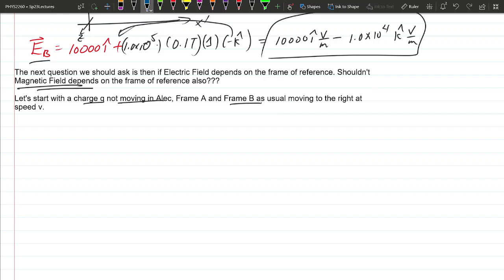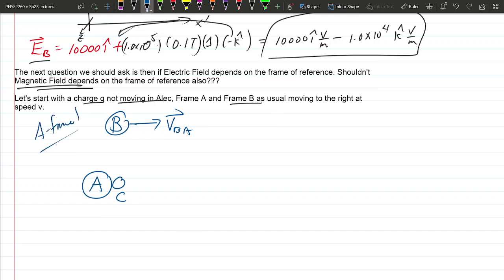So let's say we have Alex, holding some charge C. It's not moving, but Brittany is once again running along with velocity VBA. This is in the A frame. In this case, there are no charges moving, and therefore there's no magnetic field.